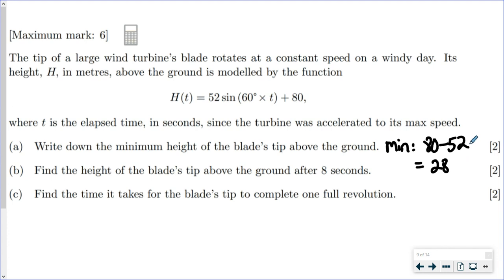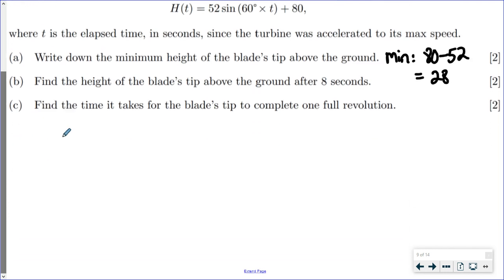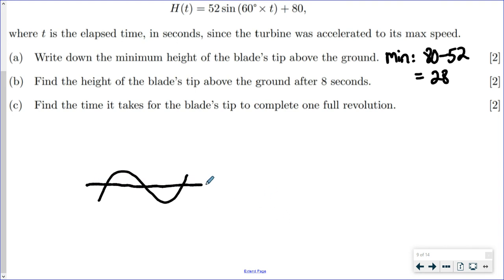Wait, so how did you do that? All right, so if we have some sine or cosine function, which looks like this, and then we have our baseline, the middle of it, which is always my D. The distance between the baseline and either the maximum or the minimum is the amplitude.